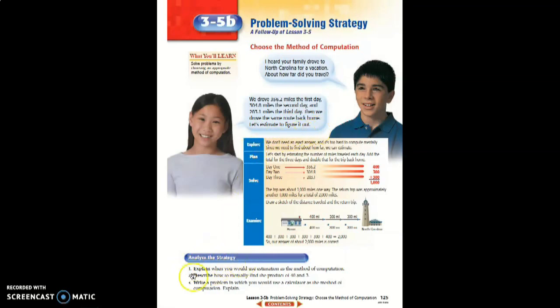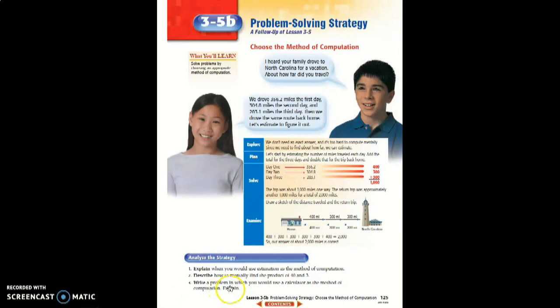Analyze the strategy. 1. Explain when you would use estimation as the method of computation. 2. Describe how to mentally find the product of 540 and 3. 3.